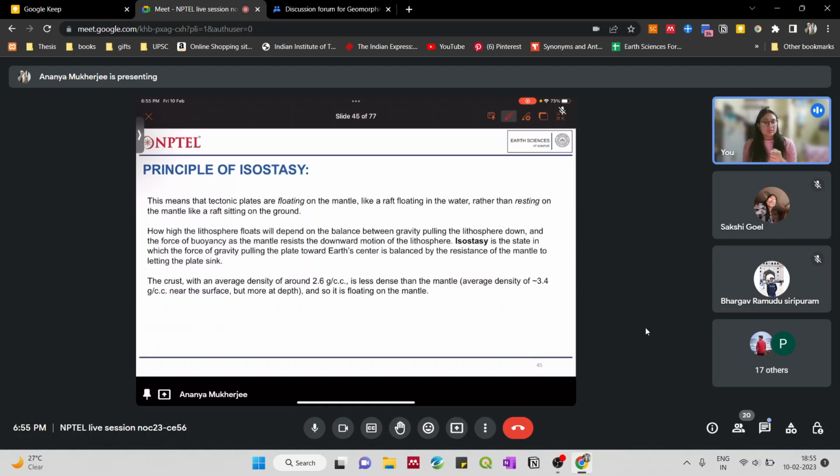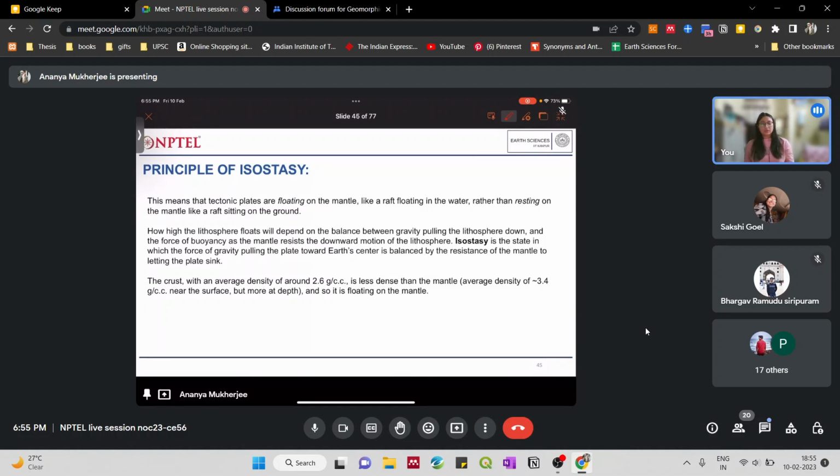So, isostasy is one of the principles because of which the entire continental building is driven. Then you have the oceanic crust being denser and thinner than the continental crust, while both of them are a part of the crust.